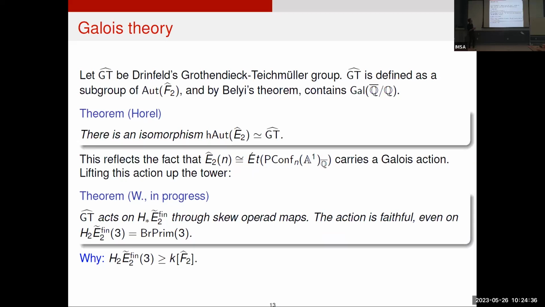So GT hat is a very difficult to describe subgroup of the automorphism group of the profinite completion of the free group on two generators. And Belyi's theorem tells me that it contains a copy of the absolute Galois group, and it is conjectured that they're equal.